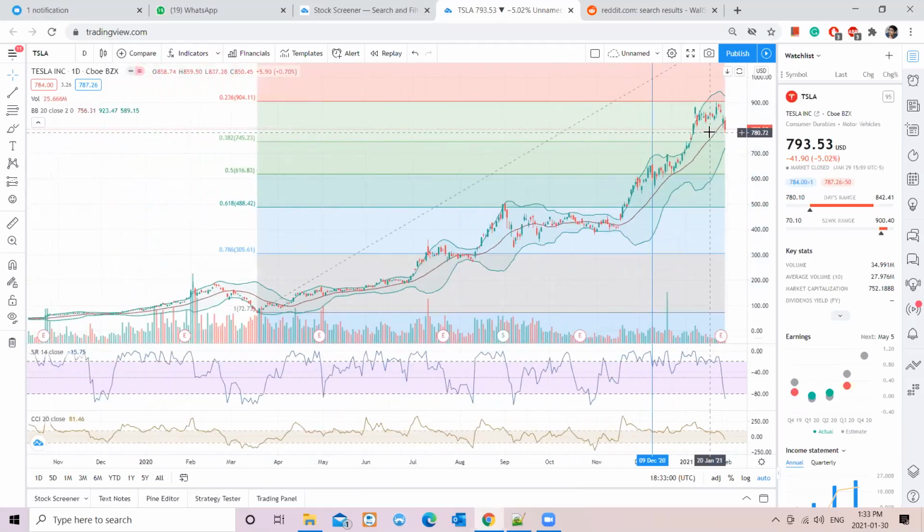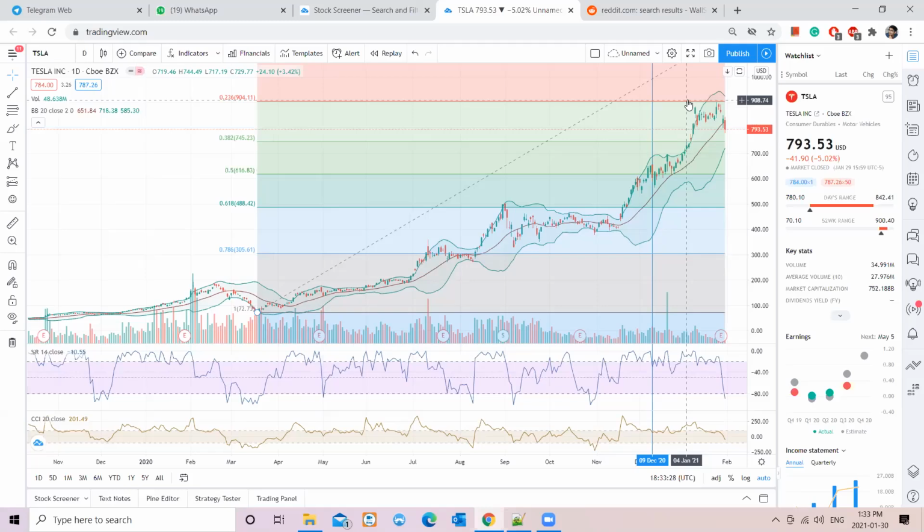So for Tesla, the target which I am looking at, since this time it touched 900 and came down and is going through correction, I'm expecting it to touch 1000 next time, at least 995 or somewhere in the 990s.